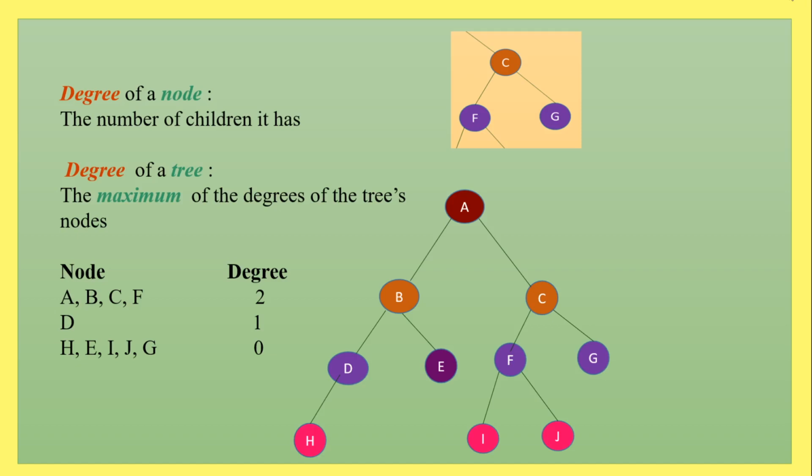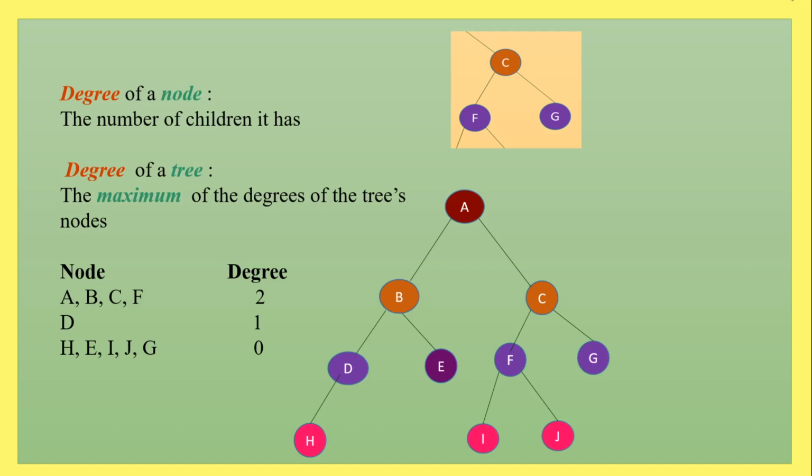Here I am taking I. The degree of I node is 0 because it doesn't have any children. Consider D. D node has only one child. Then the degree of node D is 1. The number of subtrees of a node or the number of outgoing paths of a node is called the degree of a node.